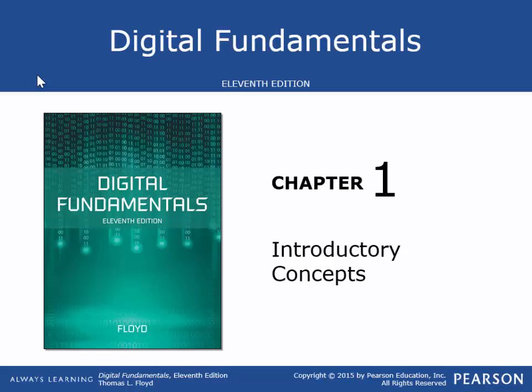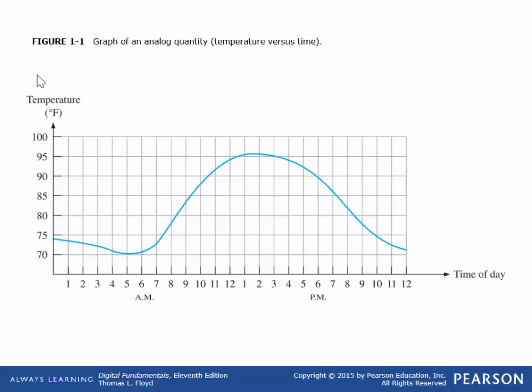So we're going to go through the idea of digital electronics, and I'm just going to go through these slides. I've been through them 20, 30 times. This is basically what you would see if you're measuring an analog quantity. In other words, this is the temperature versus time of day. Obviously, it's from an American textbook because the temperature is given in Fahrenheit instead of Celsius.